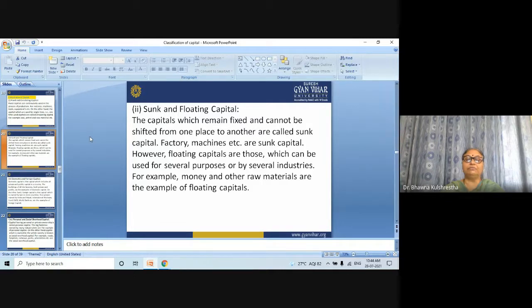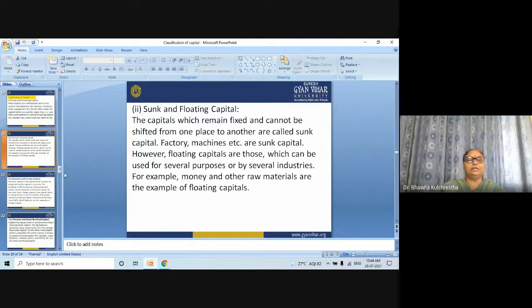However, floating capitals are those which can be used for several purposes or by several industries. For example, money and raw materials are examples of floating capital.